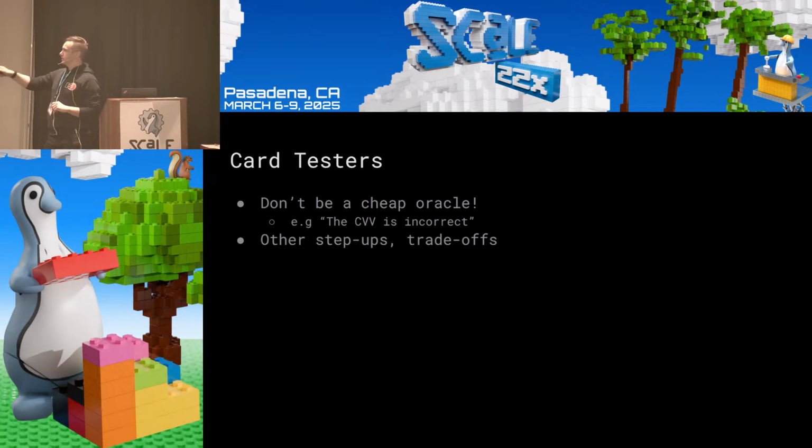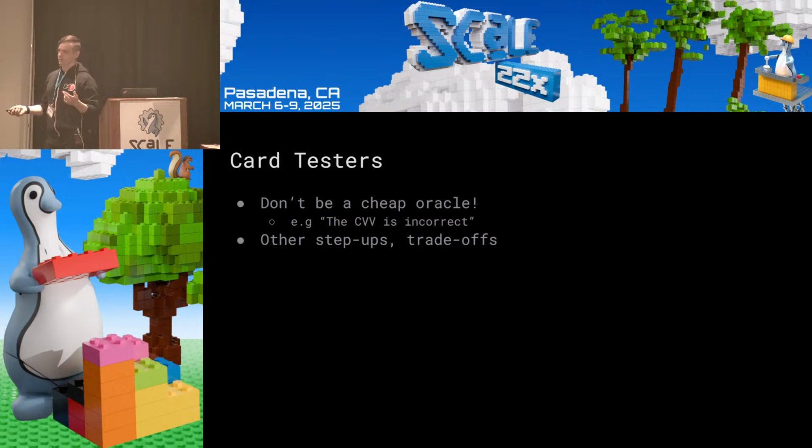For card testers, don't be a cheap oracle, right? They're running a bunch of card details against you to see what's good. Try not to be too helpful with your error messages, like the CVV is incorrect. Okay, cool, I just need to change that and then run it again, right? So this is why you'll get not very helpful error messages on a lot of sites when your card details are wrong.